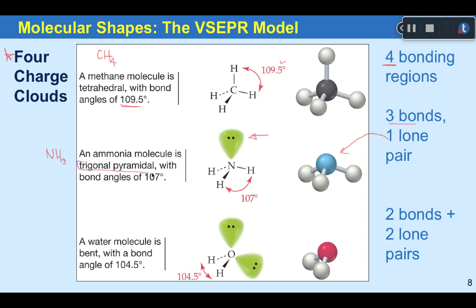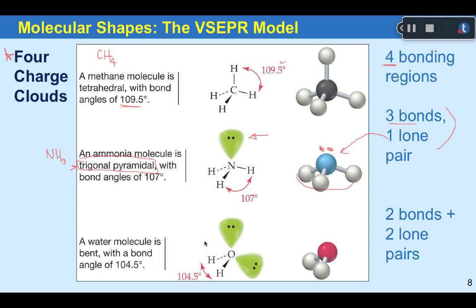This is called trigonal pyramidal geometry, because you have three atoms attached, and you think of the lone pair as being also on that central atom, but not viewed because it's not an atom to see, but definitely influencing the geometry of the hydrogens attached to the nitrogen here.